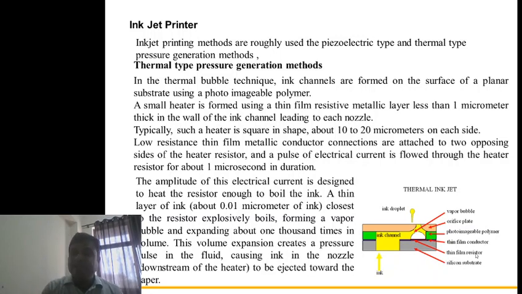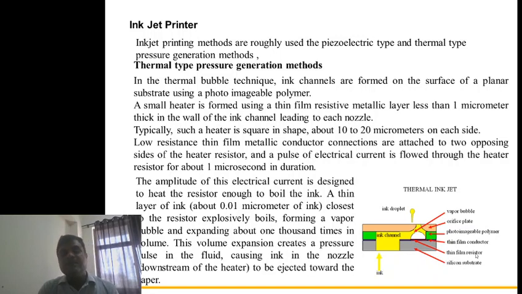The thickness of the ink layer is 0.01, but it boils and forms vapor bubbles, and that vapor bubble expands in volume. The expansion creates pressure, so the ink available in the channel comes out from the nozzle in the form of an ink droplet. That is the working of the thermal type pressure generation method, or thermal type inkjet printer.